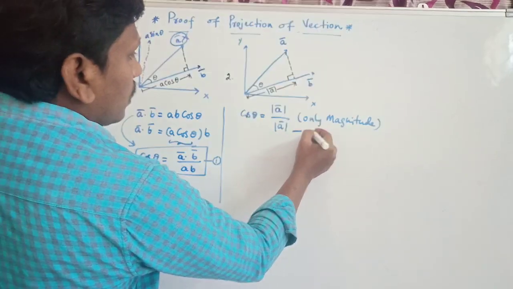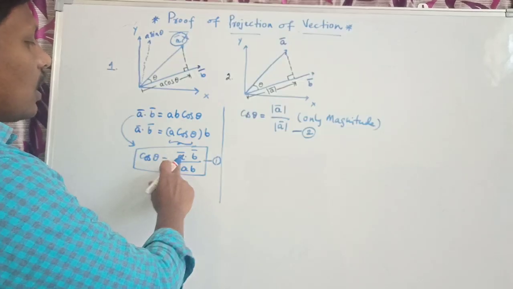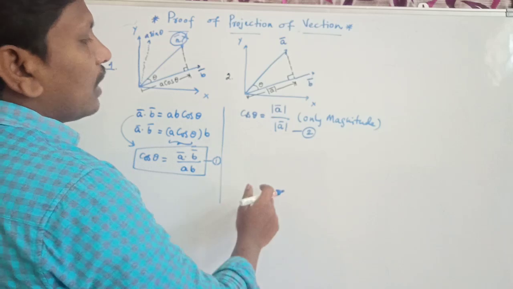Now let this be equation 2. From equation 1 we can write cos theta is equal to a bar dot b bar by ab. Cos theta is equal to mod a bar by mod a bar.